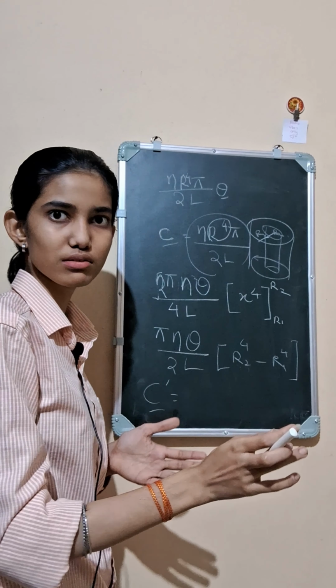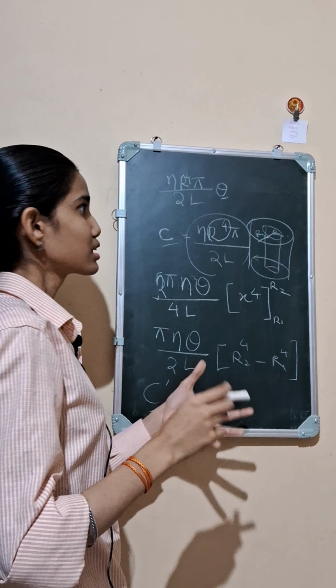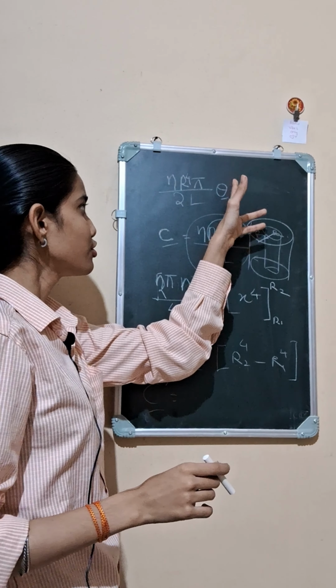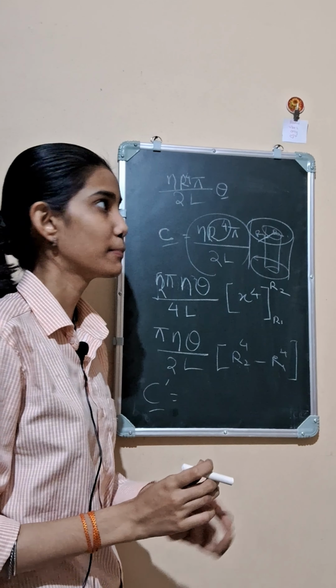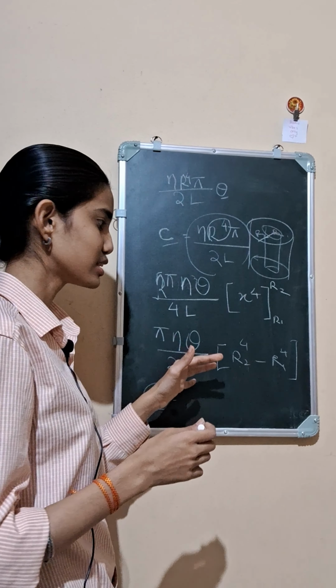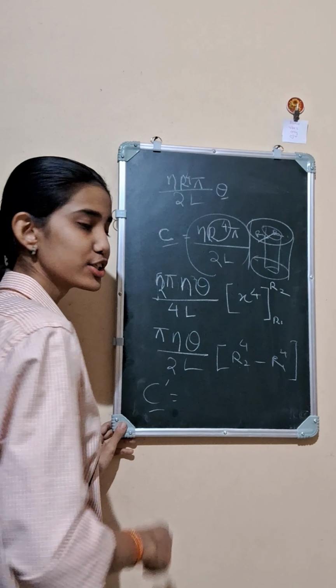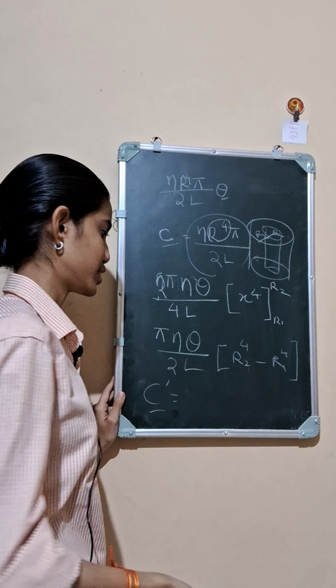Theta was the angle when we applied the couple, and if I want to calculate couple per unit twist, I have to divide it by the total twist, and I will get the torsional rigidity, or couple per unit twist.